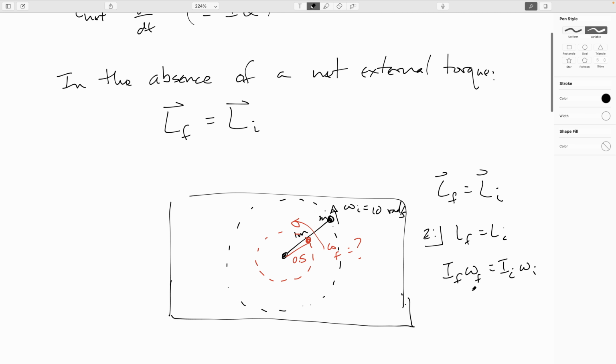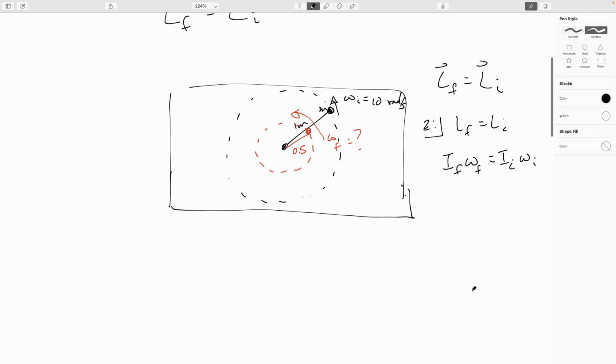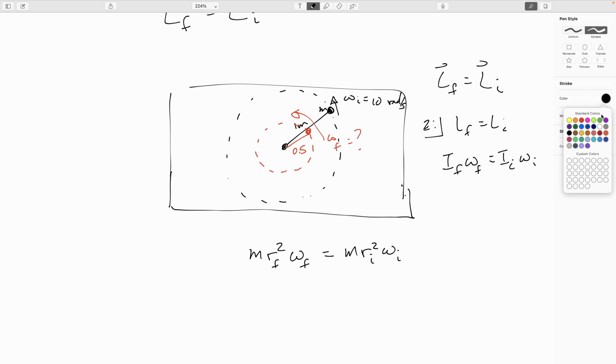Since we're treating this as a point mass, the moment of inertia is m r squared. So this will be m, the mass doesn't change, r final squared omega final equals m r initial squared omega initial. And good thing the m's cancel, because I never gave you the m's.